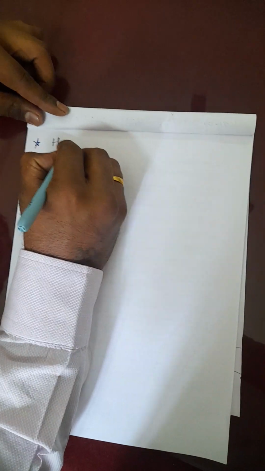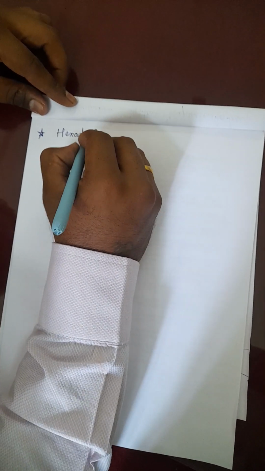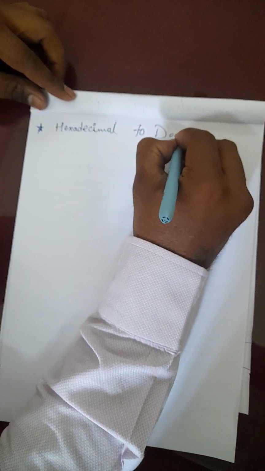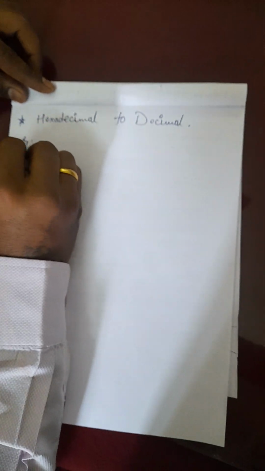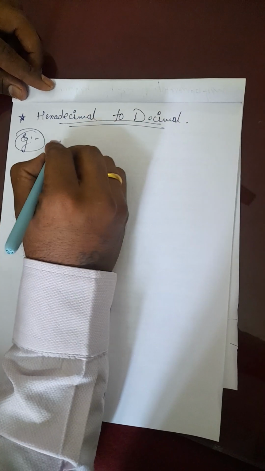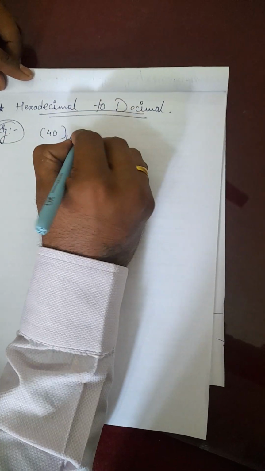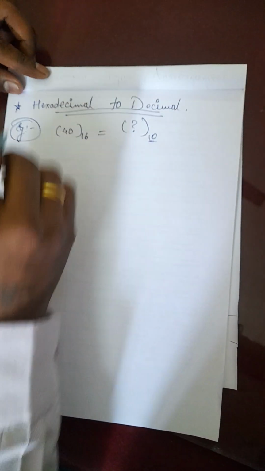Now let's move on to hexadecimal to decimal. For example, let's suppose 40, that is a hexadecimal value, and we have to convert it into decimal, base 10.